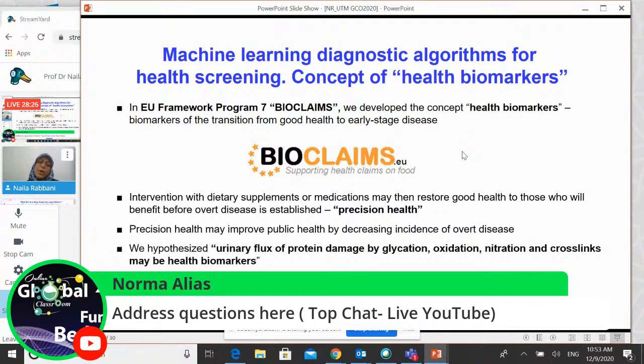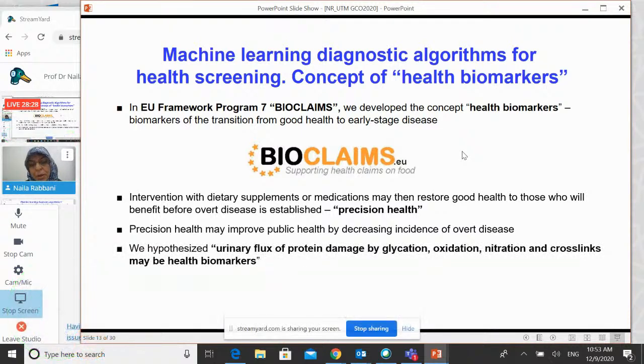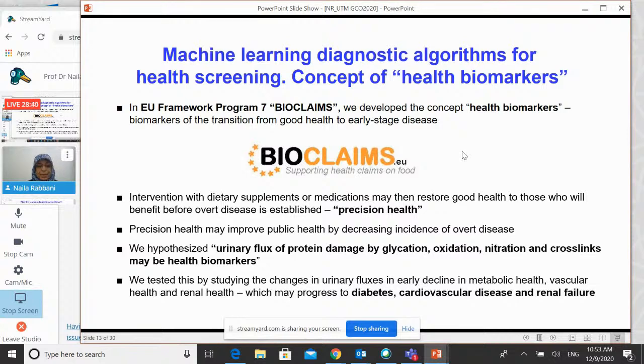So we hypothesized in this BioClaims study that the urinary flux of protein damage by glycation, oxidation, nitration, and crosslinks may be health biomarkers. We tested this by studying the changes in urinary fluxes in early decline in metabolic health, vascular health, and renal health, which may progress to diabetes, cardiovascular disease, and renal failure.